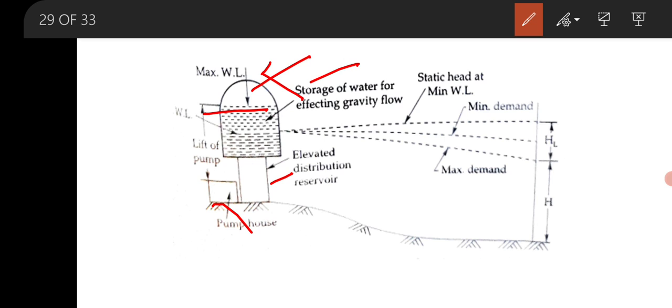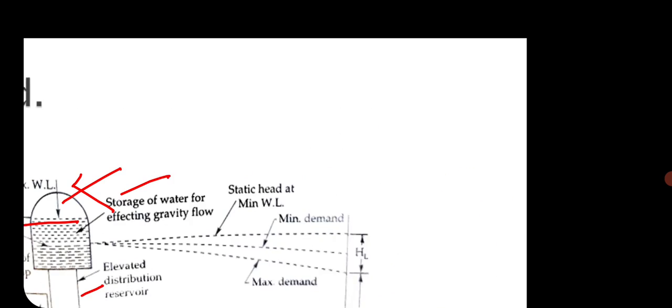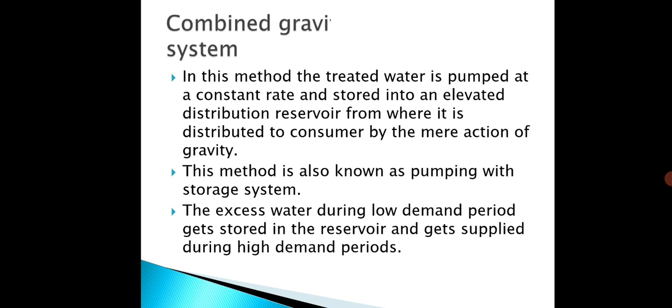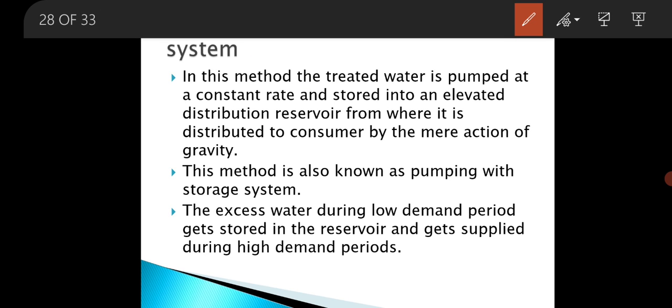So this system is also known as pumping with storage system. So what happens in this system? The excess water during low demand period gets stored in the reservoir and supplied during high demand periods.